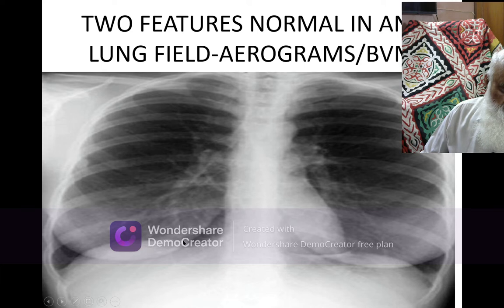Lines coming from the hilar region are greater in diameter at the center and go toward the periphery, tapering from the central to the lateral side. In the middle you will see these things very clearly, and in the lower zone the bronchovascular markings are seen very prominently because they are active during inspiration. The more the inspiration, the more the effort, the more the bronchovascular markings.